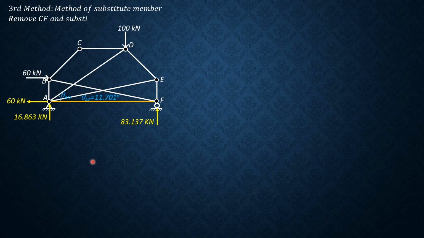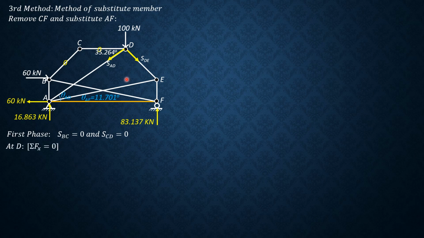So remove CF and substitute that member with member AF. So therefore, there are only two forces at joint C, so these members are zero force members. So we begin with joint D. So remember, that's 35.264. This is 45 degrees. So first phase, SBC is 0 and SCD is 0.